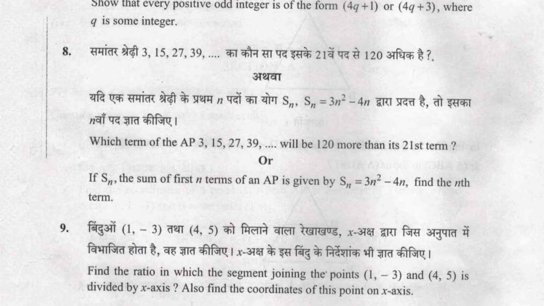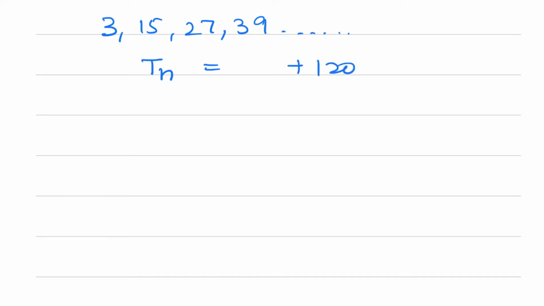8th question says which term of the AP 3, 15, 27, 39 will be 120 more than its 21st term. In this question, we are given an AP which is 3, 15, 27, 39 and so on. And we have to find n such that the nth term will be 120 more than the 21st term.